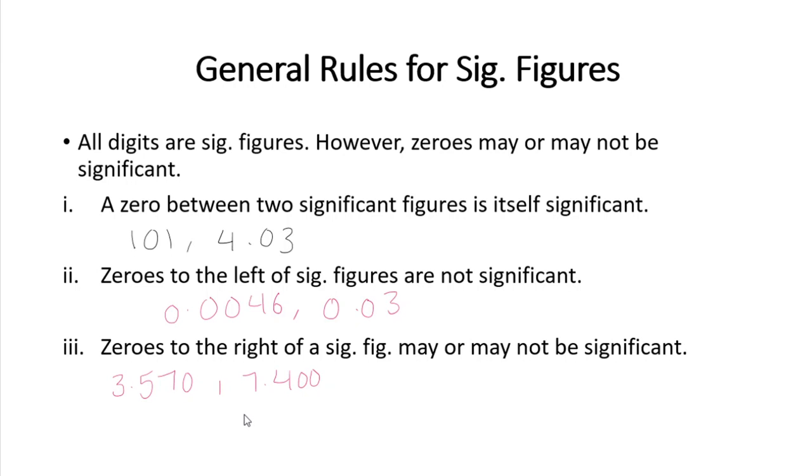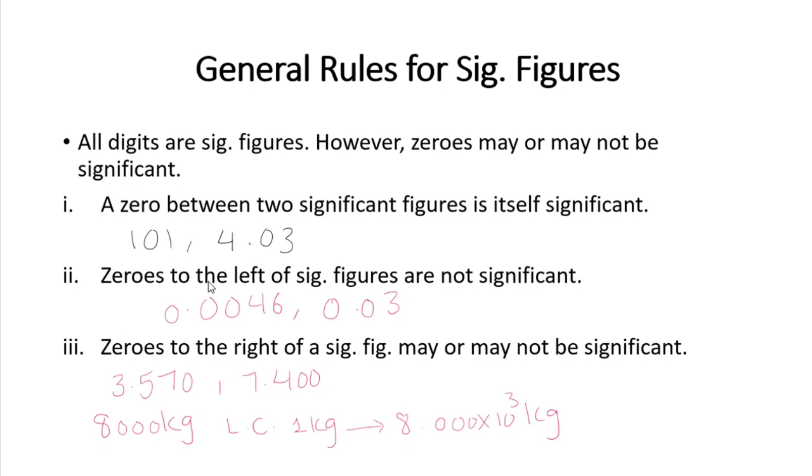But if we are given a whole integer, like the mass of something is given as 8,000 kilogram, then the number of significant figures in this number depends on the least count of the scale with which we measure this mass. So if the least count is 1 kilogram, then the significant figures are 4 for this number, and we can write it down in scientific notation like this: 8.000 times 10 to the power 3 kilogram.